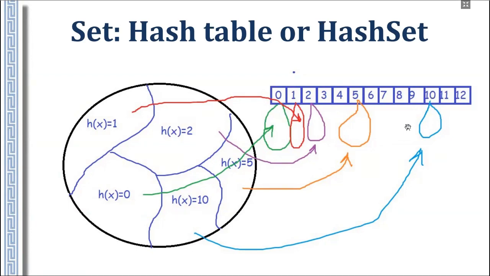We don't have just true or false for the existence of some value with hash value 5, but we keep all these elements as an additional bag. So how can we implement these bags?